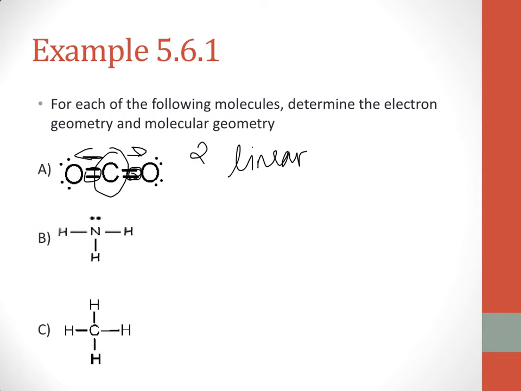In our next example, we're looking at nitrogen here in the middle. We have 4 different bonding directions. So this is going to be tetrahedral. And since we have a lone pair here on the top, that means that this is going to be a trigonal pyramidal shape.